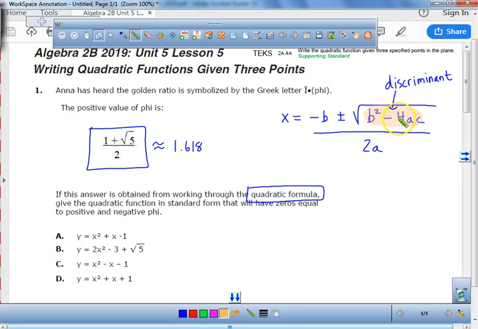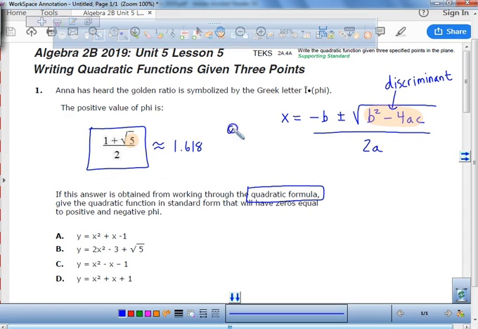The discriminant happens to be what in this problem? It was equal to a 5. So right now, I can figure out my a value, my b value, and my c value. What number is in the denominator? 2. 2 times what is 2? 1.